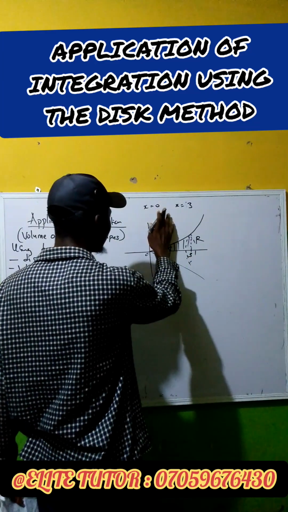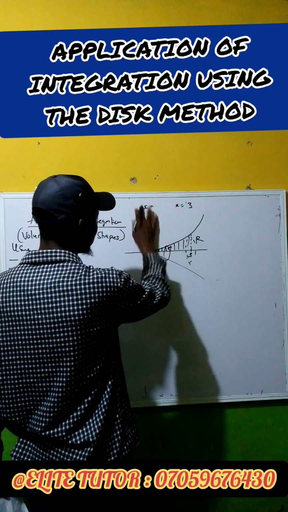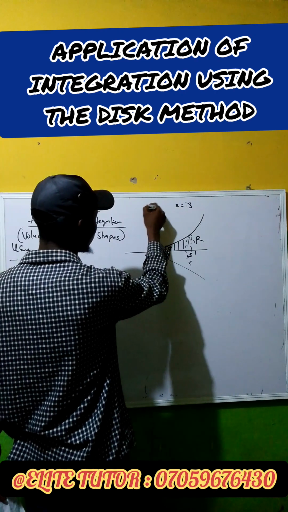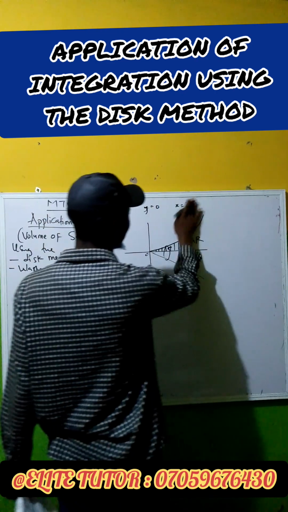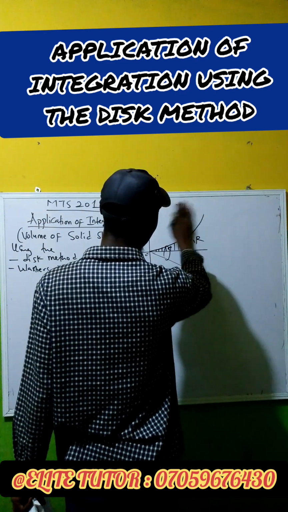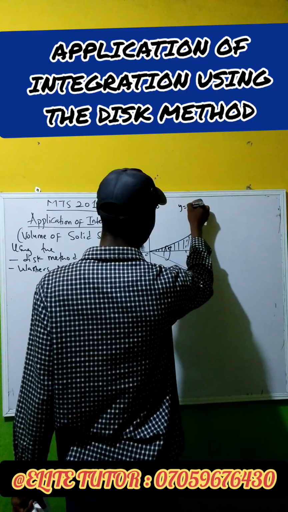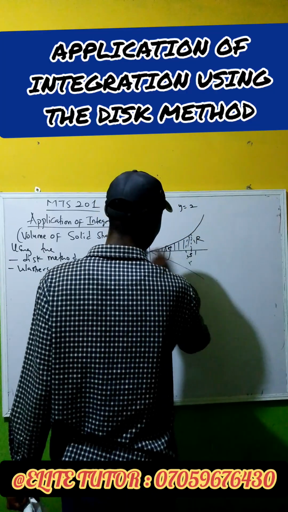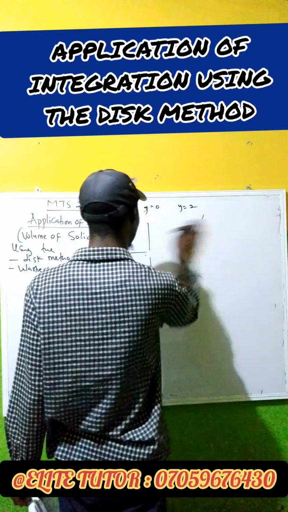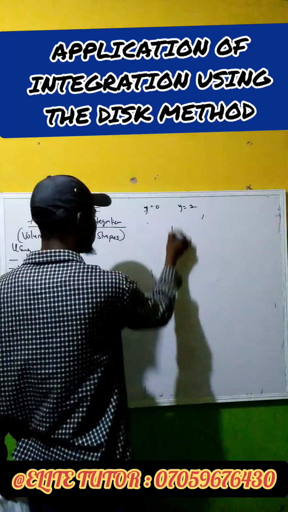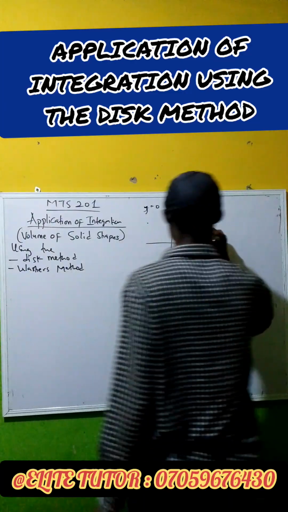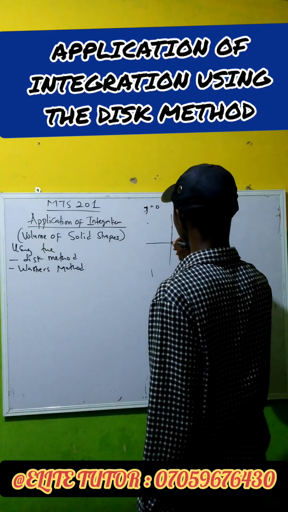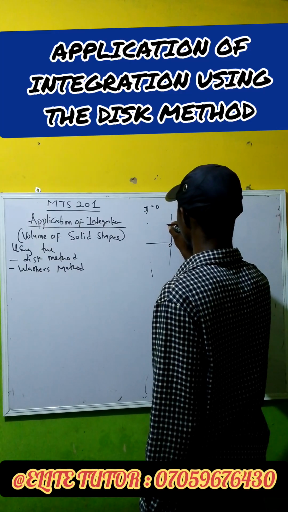Suppose I'm having y, for instance. If it was to be y equals 0, y equals 2, I'm going to redraw this. Our y is 0 here, then you also have 2 here.